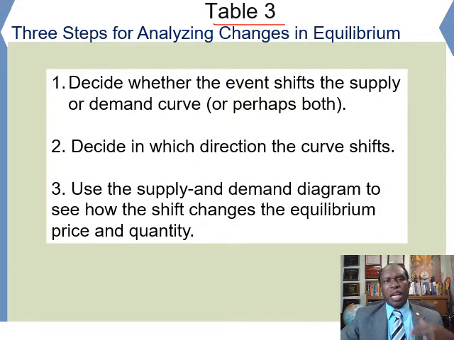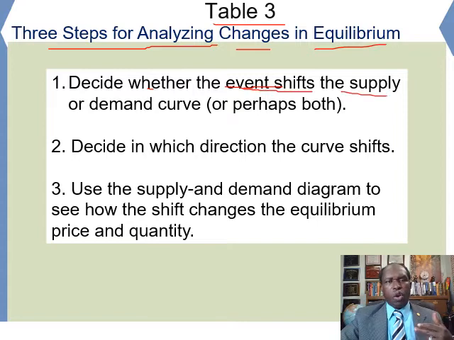Table 3 summarizes the three steps for analyzing changes in equilibrium. First, decide whether the event shifts the supply or demand curve, or perhaps both curves. Next, decide in which direction the curve shifts.